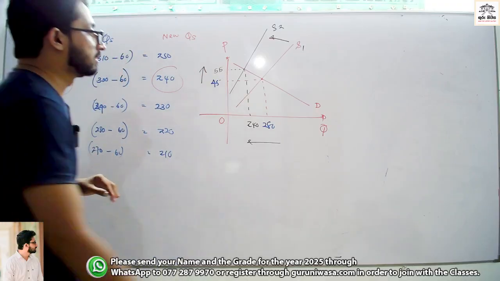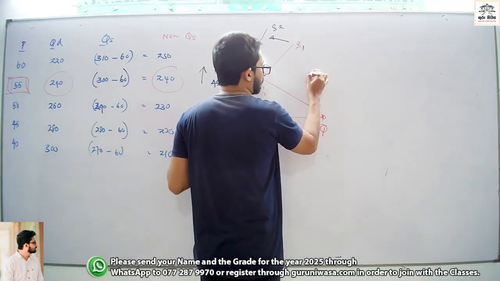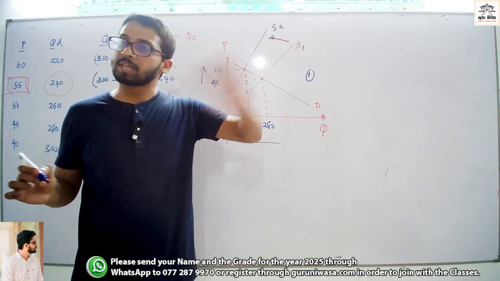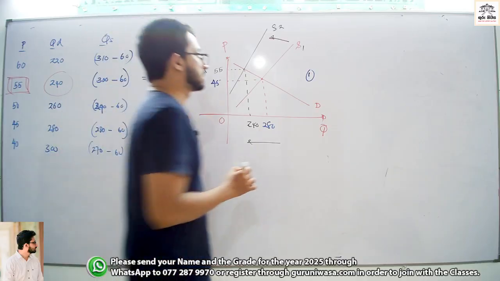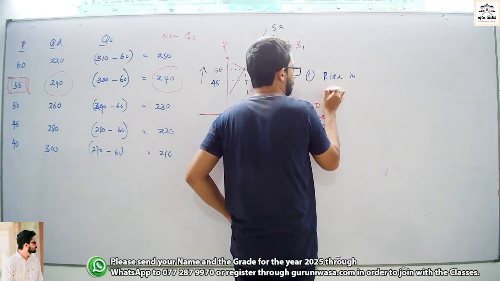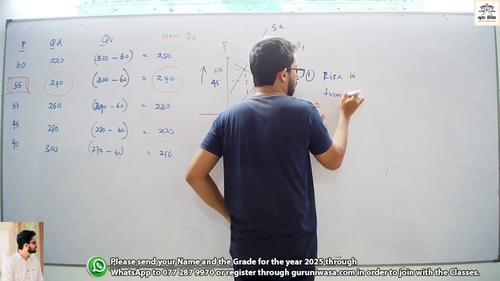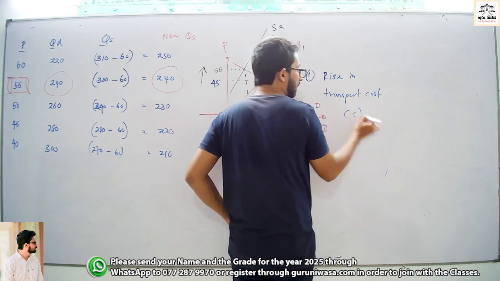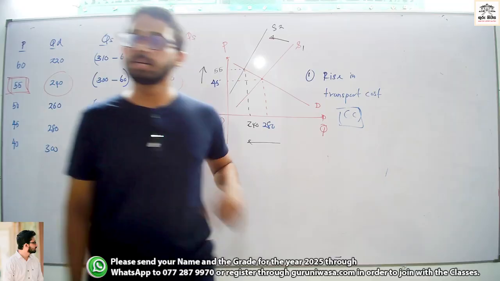Here the reason to shift the supply curve to the left side is a rise in transport cost. Transport. Can you remember, Lamai? It is one of the factors affecting supply.